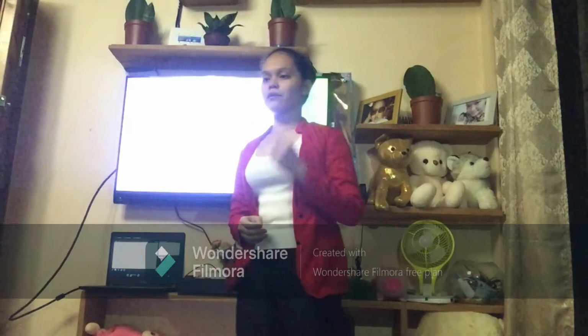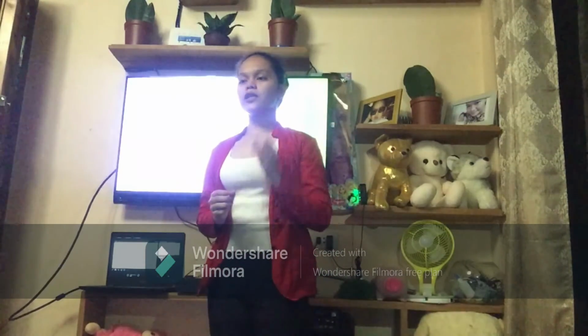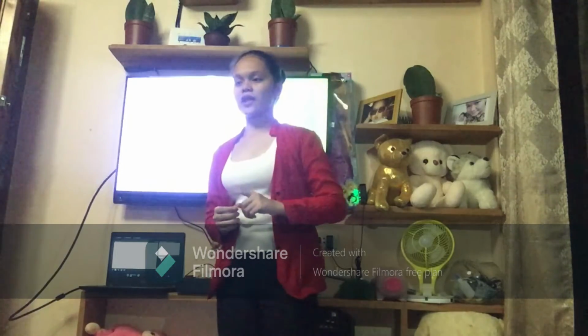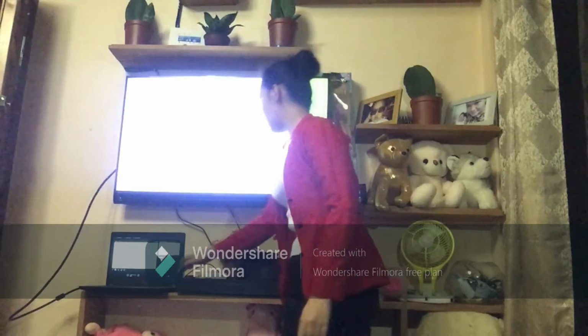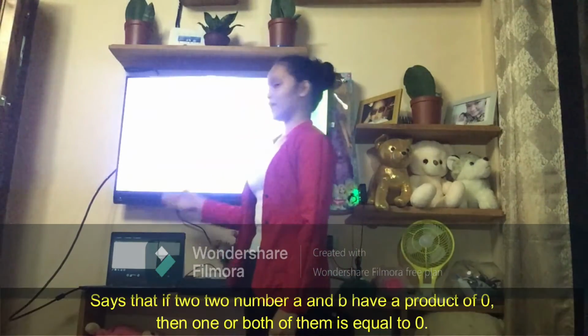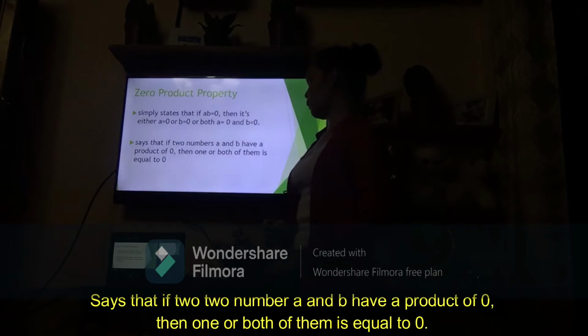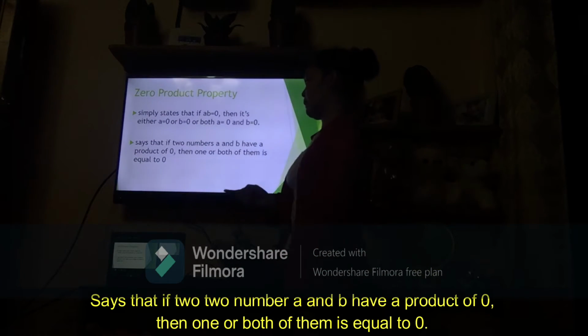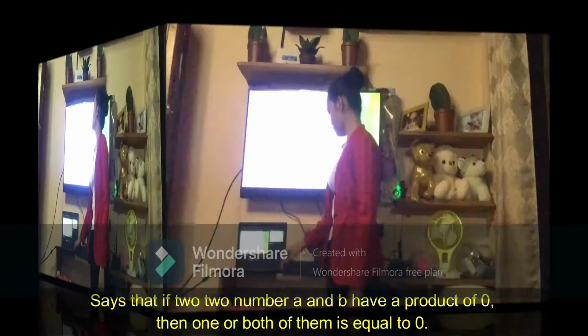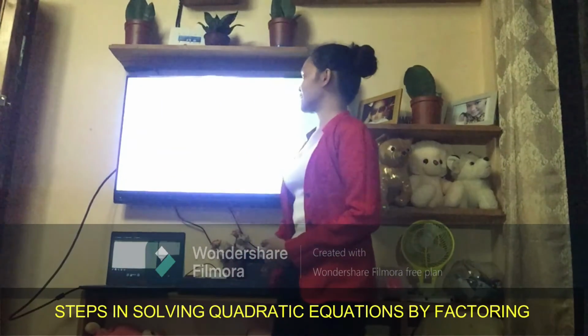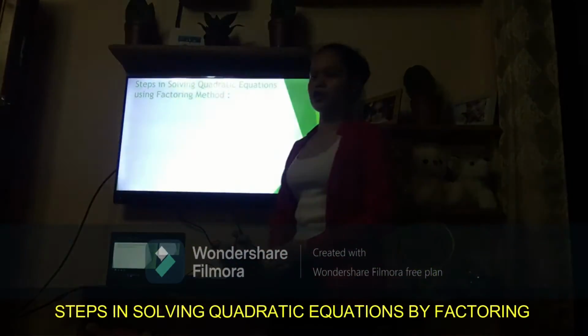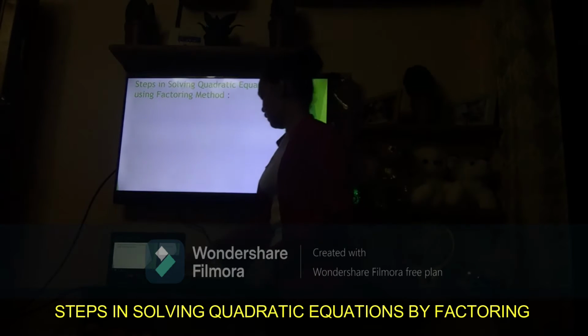One of the numbers I wrote down must be 0 in order for them to multiply to 0, or maybe both of the numbers were 0. So the zero product property says that if two numbers A and B have a product of 0, then one or both of them is equal to 0. Now, let us discuss the steps in solving quadratic equations using the factoring method.